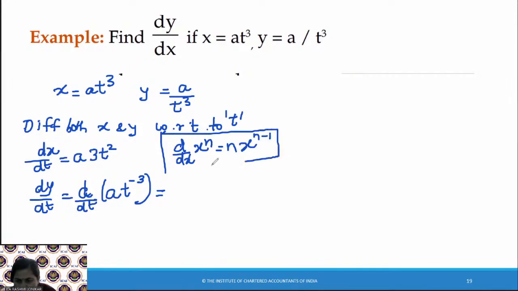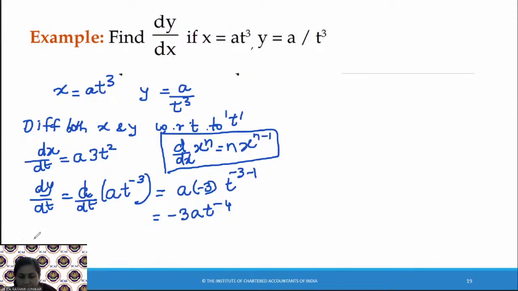I am using this formula here. So this will be a into minus 3, n is minus 3, t raised to minus 3 minus 1. So this is equal to minus 3a t raised to minus 4.